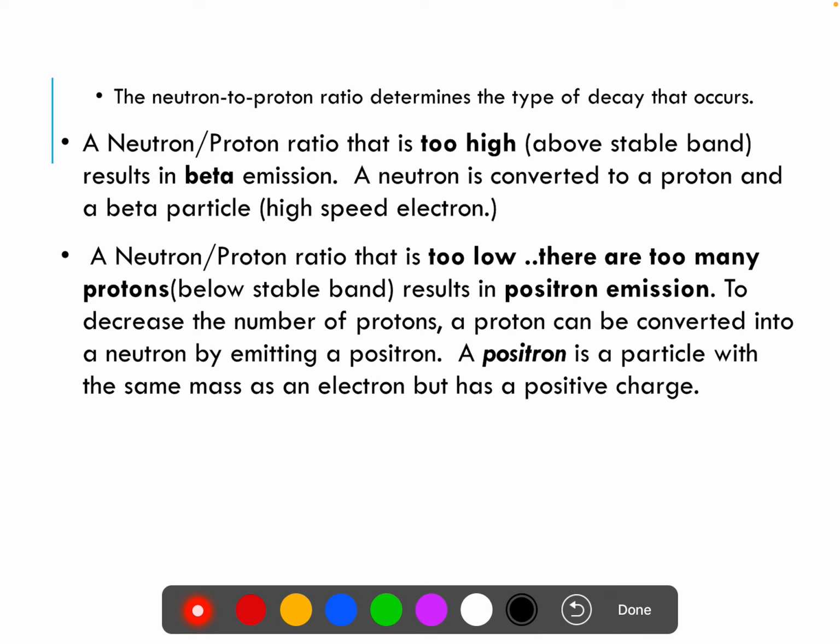A neutron to proton ratio that's too low means there's too many protons, so you could have positron emission or electron capture that will make more neutrons, because a proton will be turning into a neutron. A positron, like I said, is a particle that's basically the same as an electron, but it's positive.